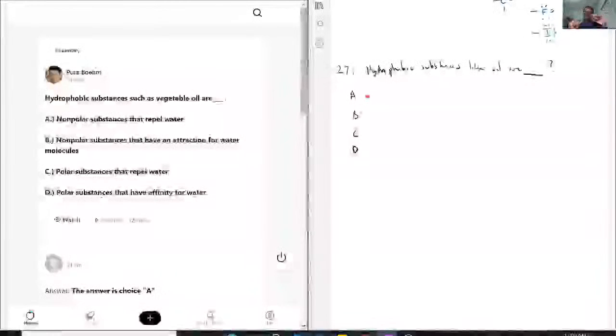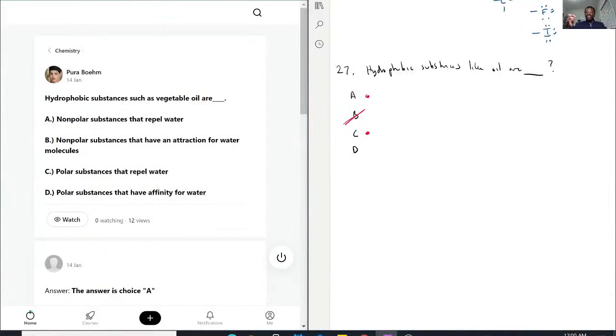The key part isn't the nonpolar, it's the attraction for water part. We don't want that. So B is not it. Polar substance that repels water. So we're actually going to start this as well, because we're going to discuss A and C to see which is our best choice. And the last one is polar substance that has an affinity for water. Once again, we do not want that affinity.